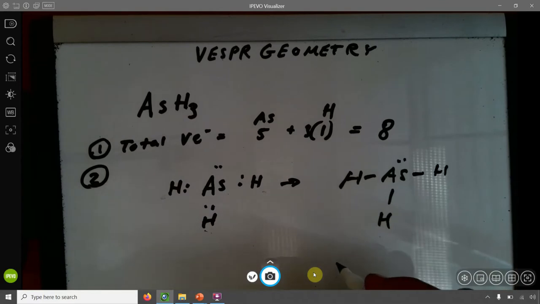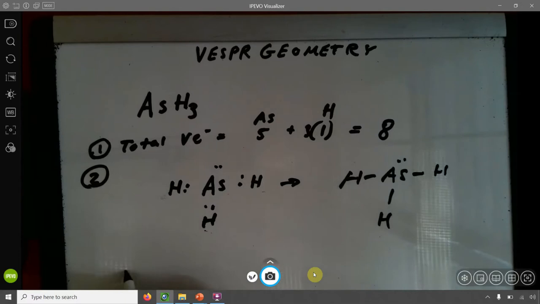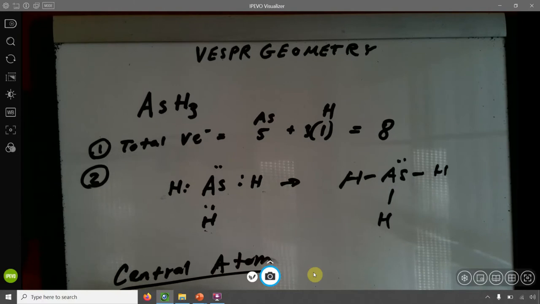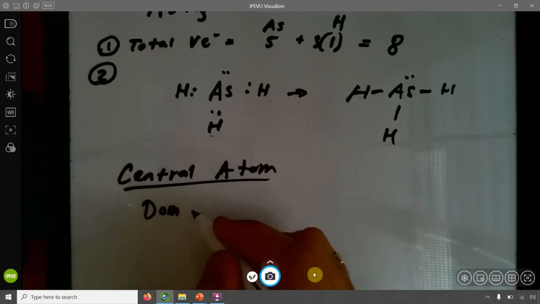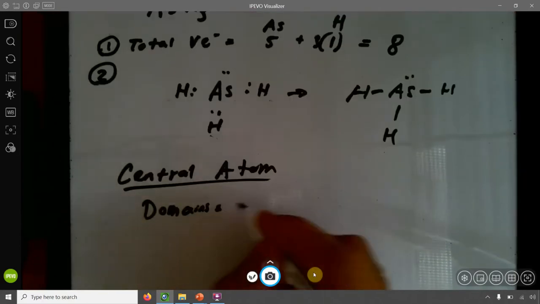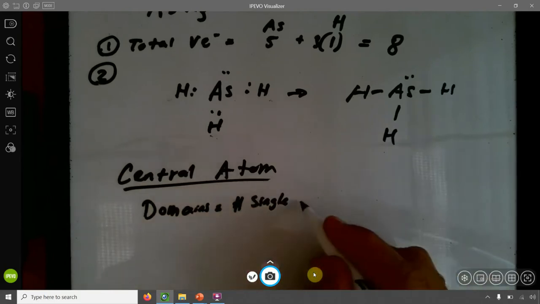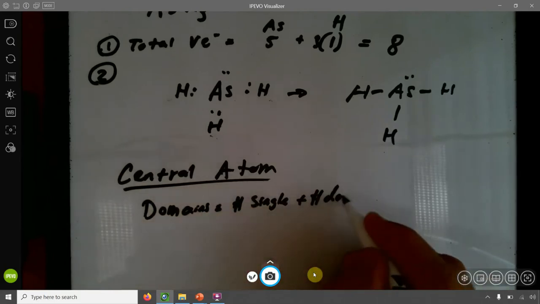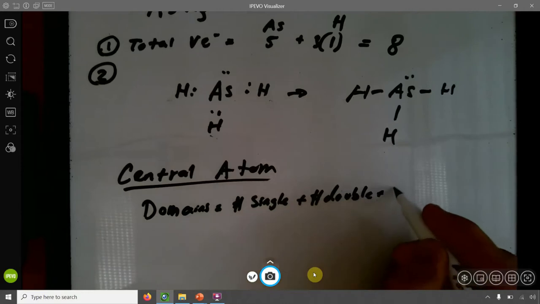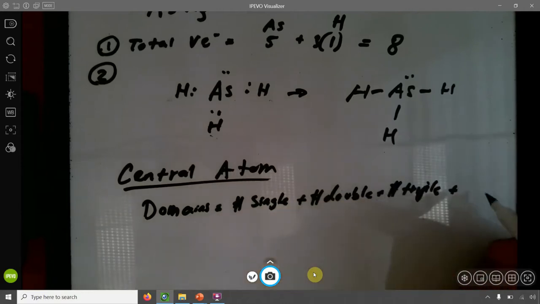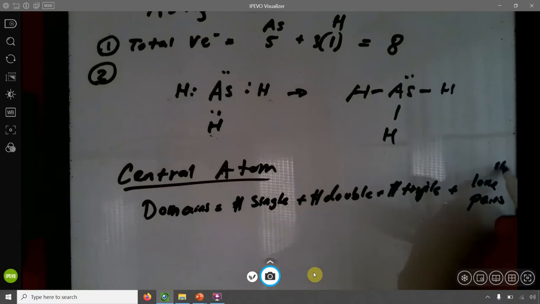Now I'm going to look at the central atom, and I'm going to do a bunch of counting. So domains equals the number of single bonds plus the number of double bonds plus the number of triple bonds plus the number of lone pairs.